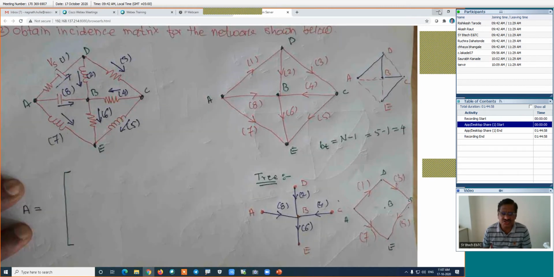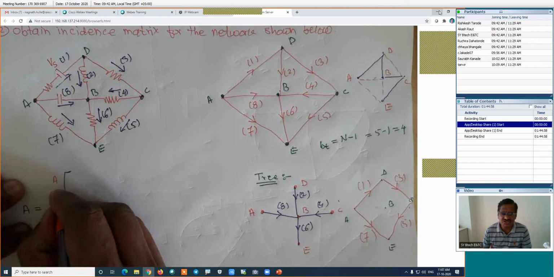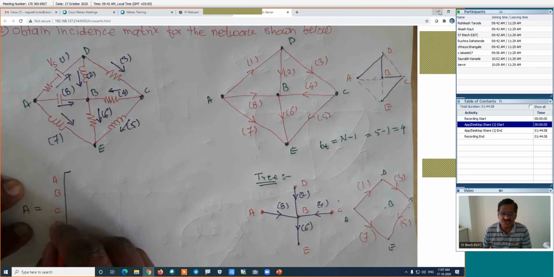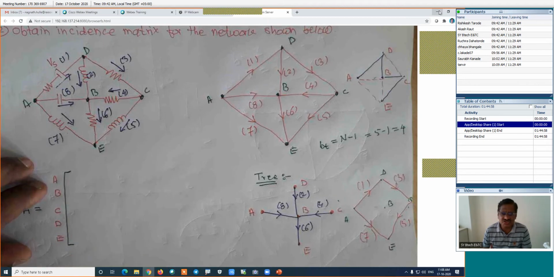Now, how is this matrix? The number of rows in this matrix is the same as the number of nodes. Here we have node A, node B, node C, node D, and node E. That's why there will be 1, 2, 3, 4, 5 rows. How many columns will there be?